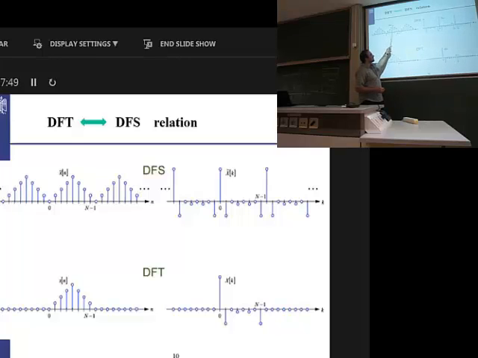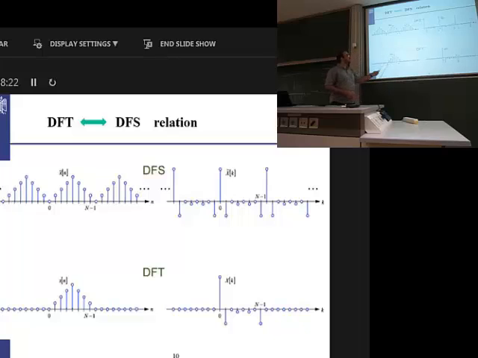For DFS, discrete Fourier series, we have this representation in the frequency domain. Every periodic signal can be represented using harmonic signals, but you have to give values to the harmonics, the first harmonic, the second harmonic, and so on.